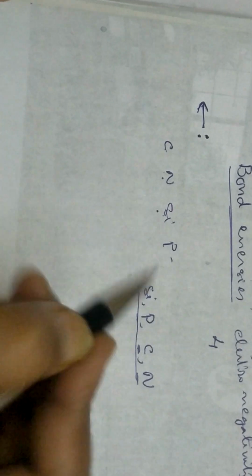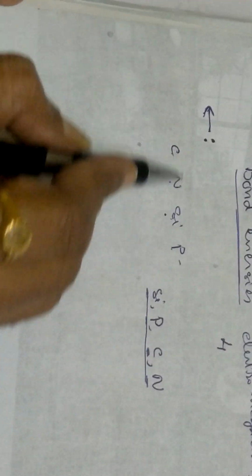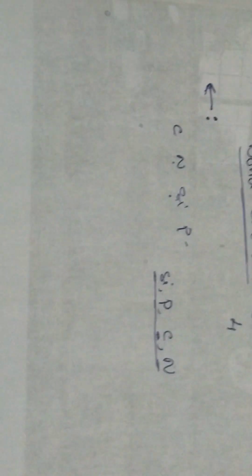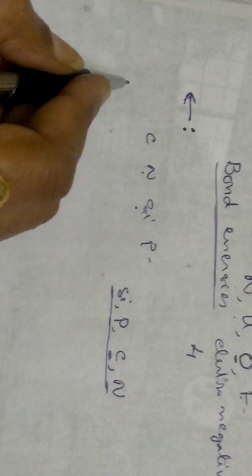This is the correct order. There will be many interchanges, so you have to say it clearly. That is an IIT question.